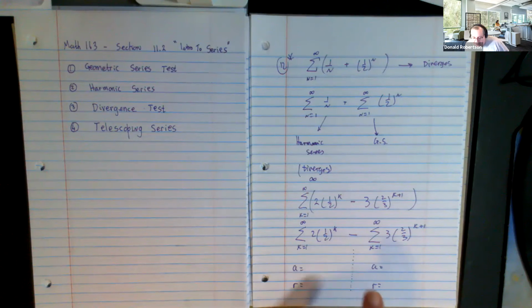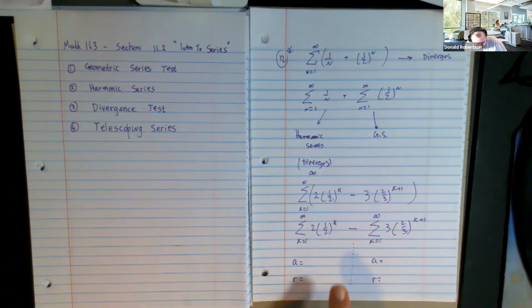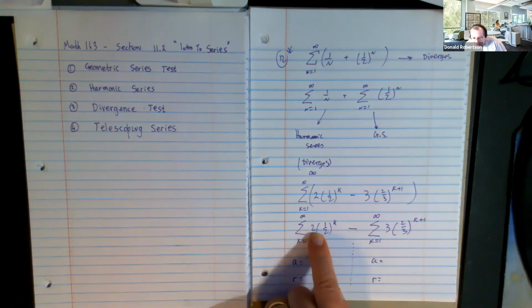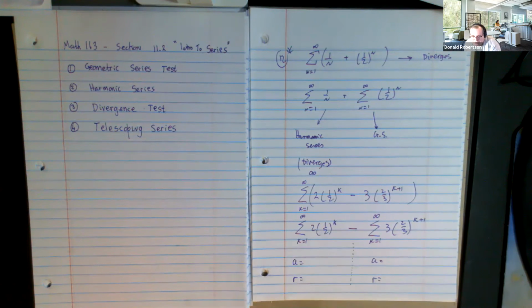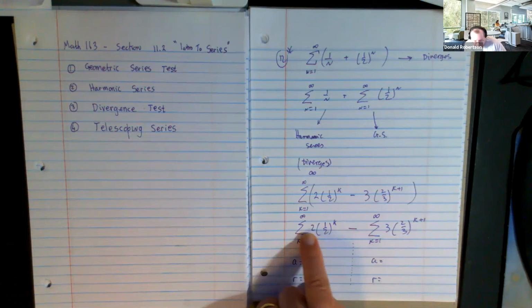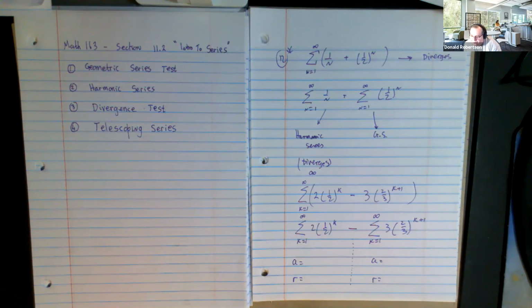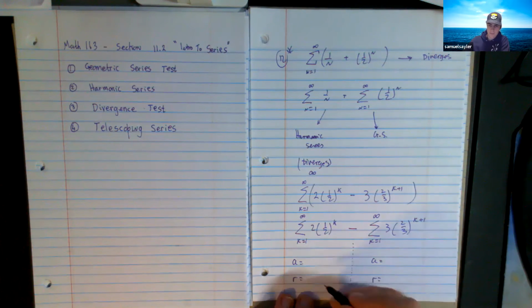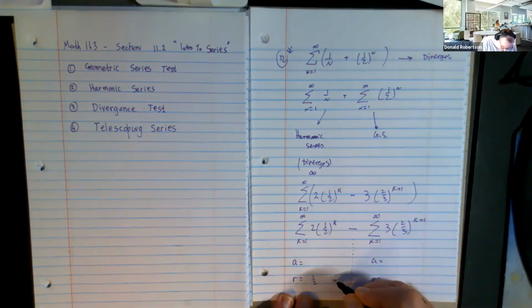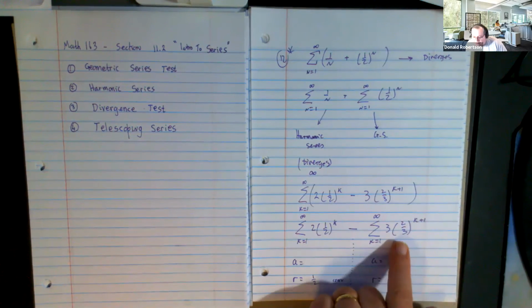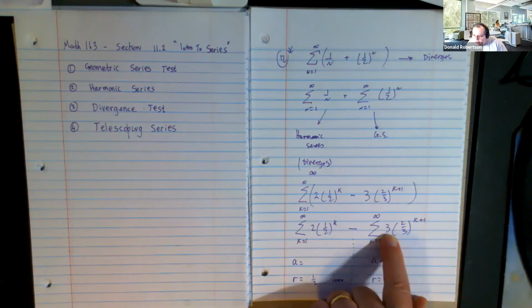Okay, let's go for the easy one first. For this geometric series on the left here, what is the value of r? 1/2. So it converges, right? On the right-hand side, would you agree it's 2/3?